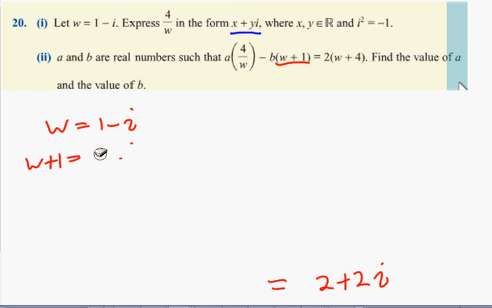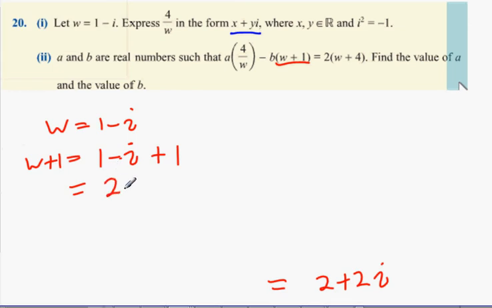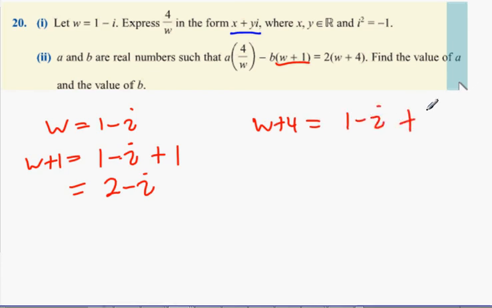Okay, next thing is w plus 4. w plus 4 is going to be 1 minus i plus 4, which gives me 3 minus i.